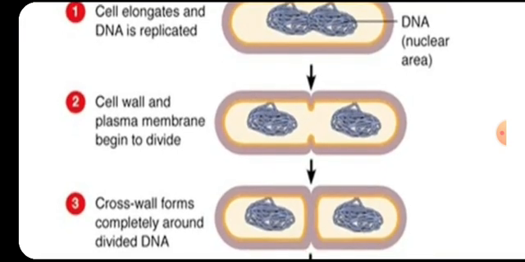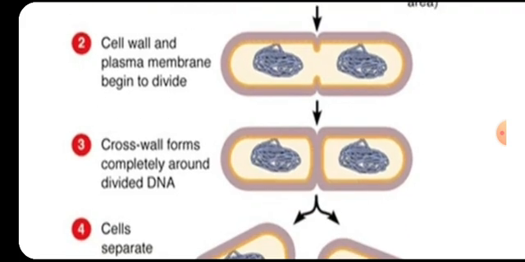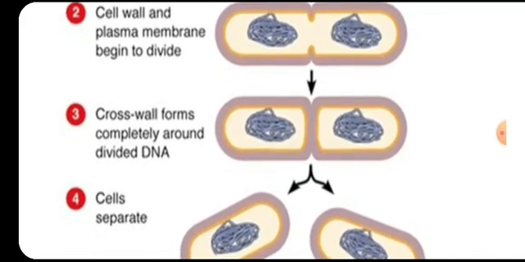In the second step, the cell wall and plasma membrane begin to divide. There is formation of a septum, a compartment that grows inside the cell wall and plasma membrane. It grows inside, and finally it leads to formation of a cross wall.